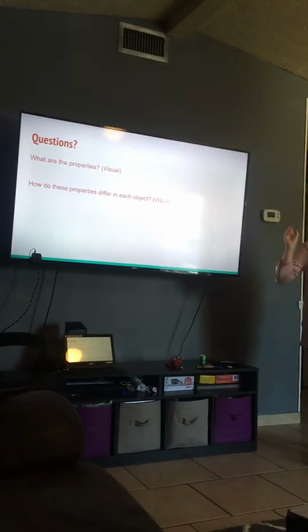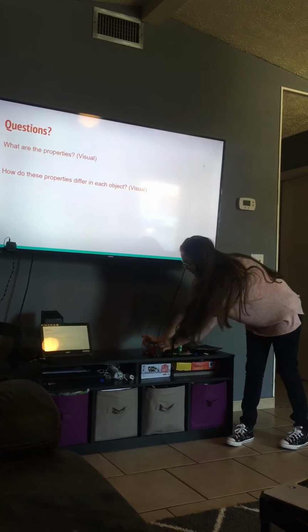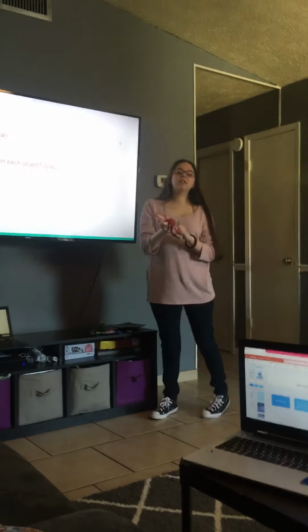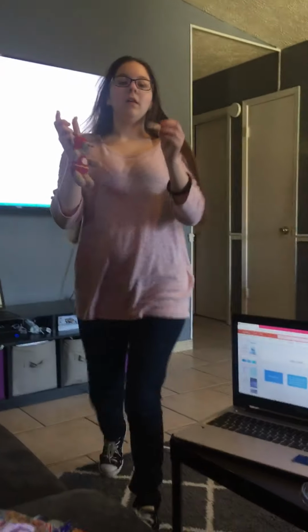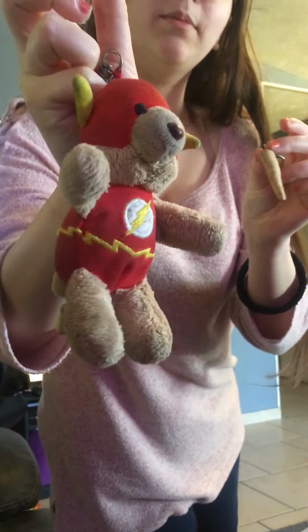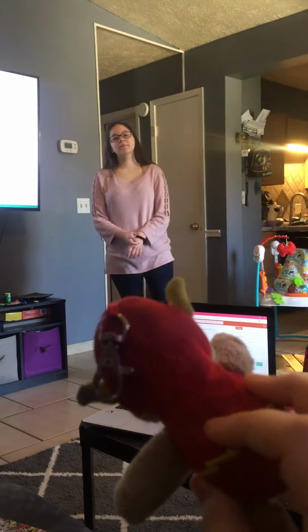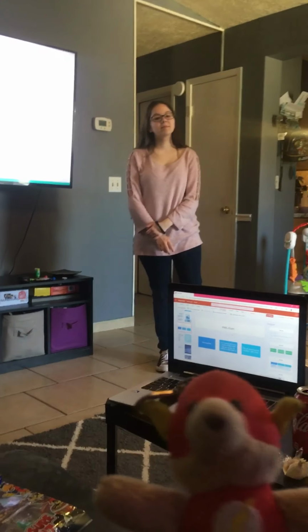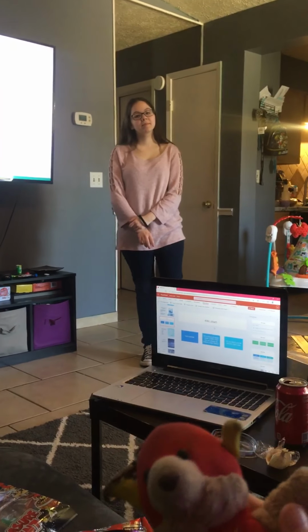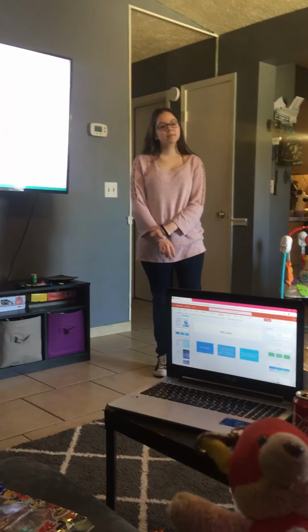Alright. Now, I'm going to pass around these two objects at different ends of the room. A rock and a keychain bear. Now I want you guys to tell me what the properties of each are. Well, my bear is soft and it's almost furry. It's different colors.